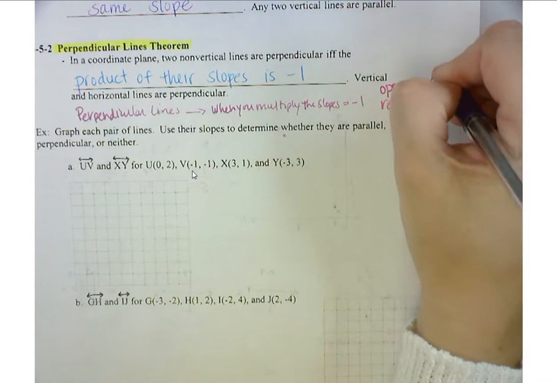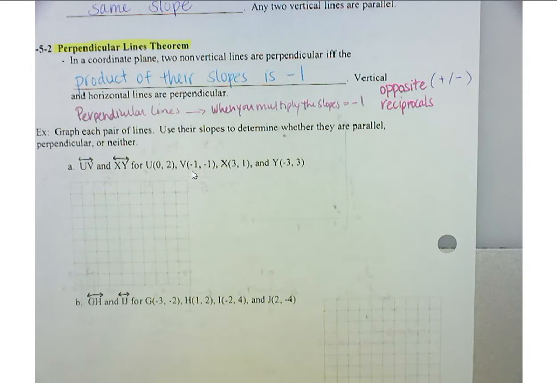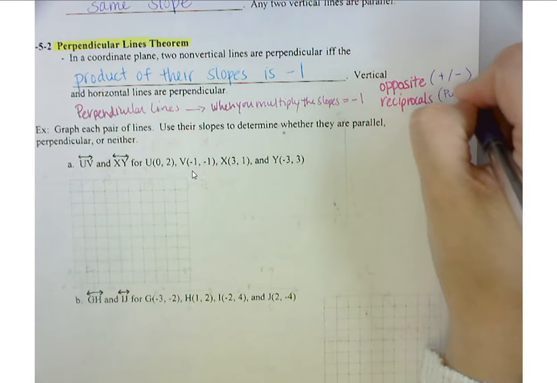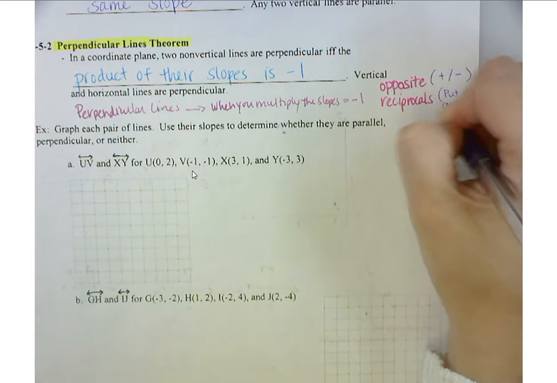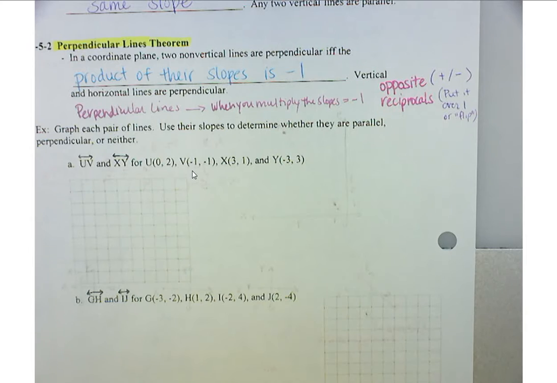So if one is positive, the other one is negative. To form a reciprocal, what do you do with the value? Yeah, you flip it. If it's a fraction, you can flip it, or you put it over 1. Okay, or you flip it. So you can do either one of those.